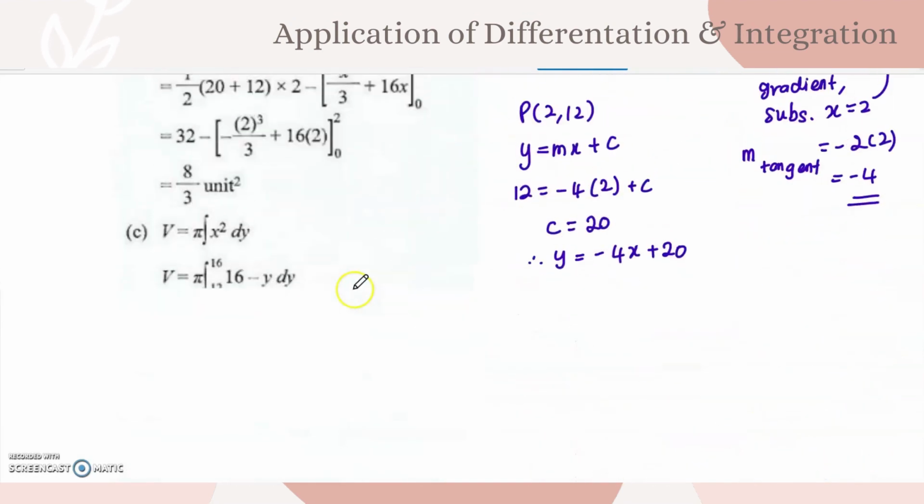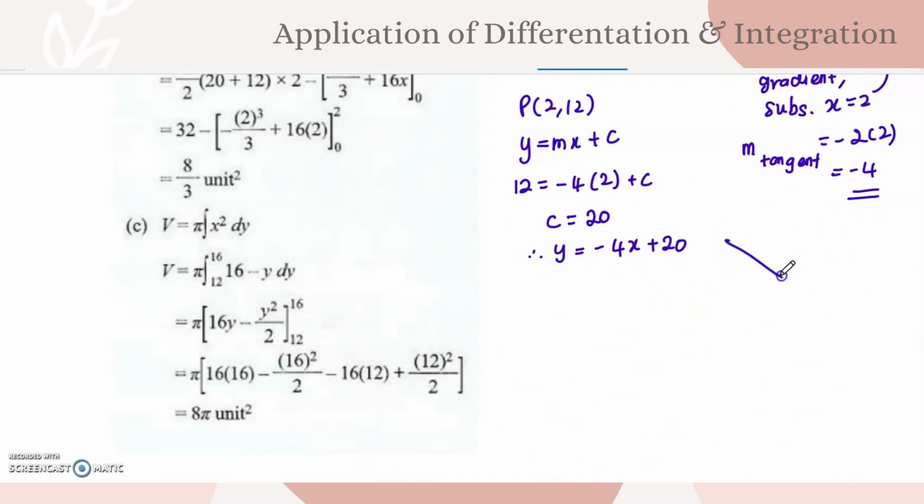Okay, so this is also the straight line ST. So kita boleh dapatkan coordinates point S dengan T since it lies on the line ST. The point T is located on the x-axis, so the y coordinate will be equal to 0, and point S lies on the y-axis, so the x coordinate will be equal to 0.